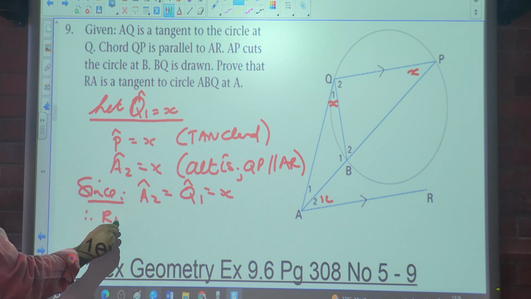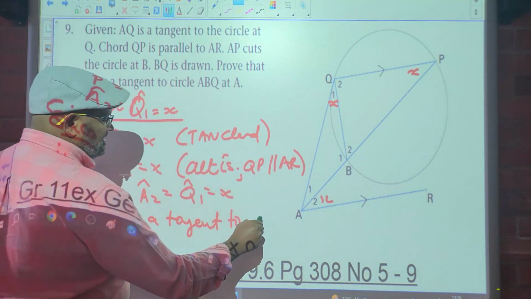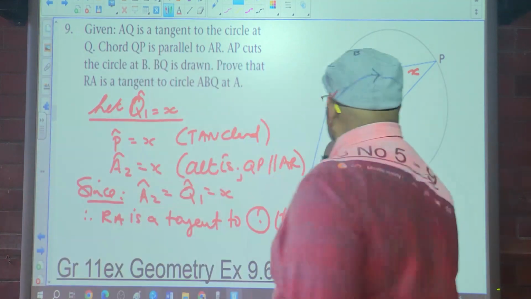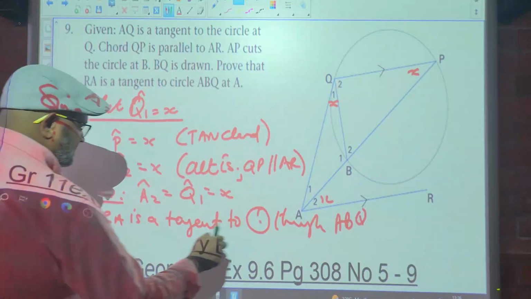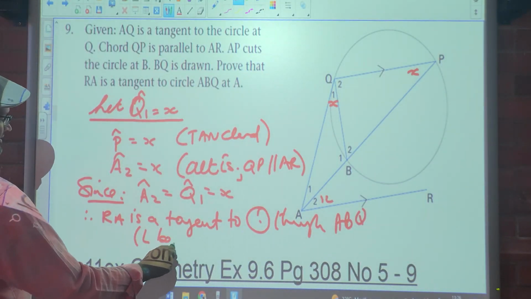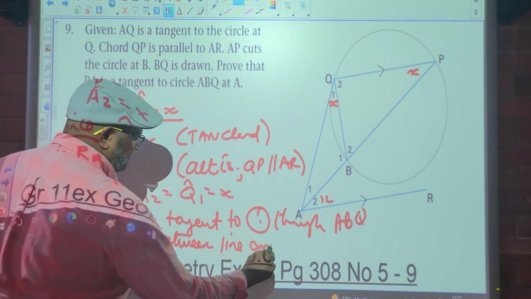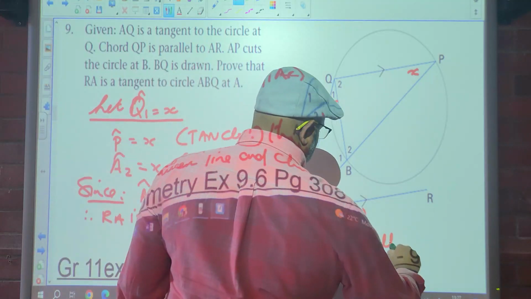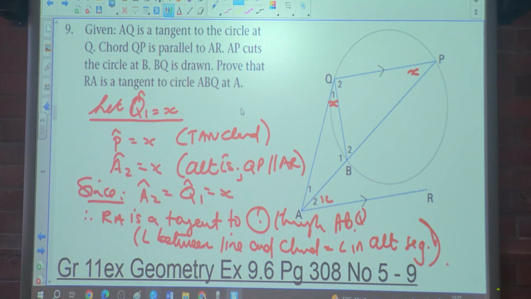Therefore, RA is a tangent to the circle through ABQ. Why? The reason: angle between line and chord equals angle in the alternate segment, or converse of tan chord theorem.